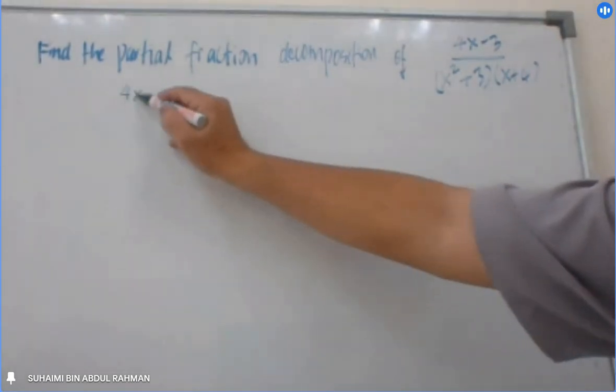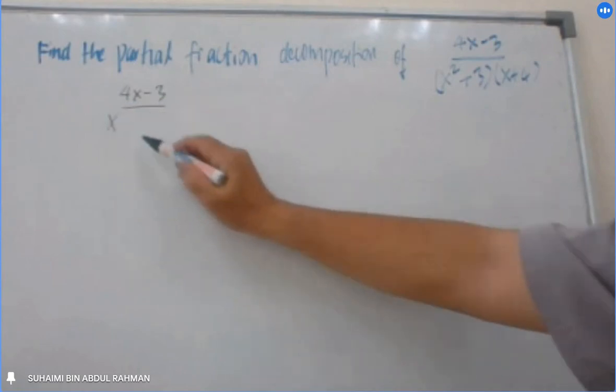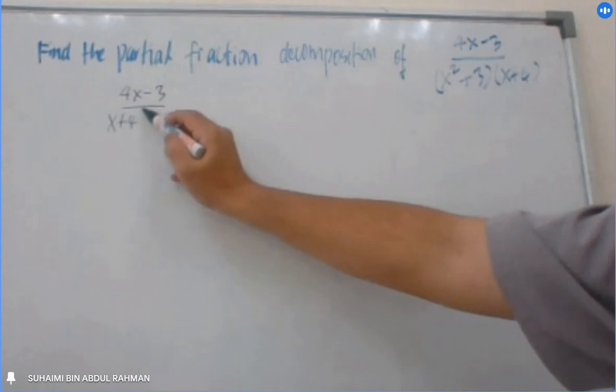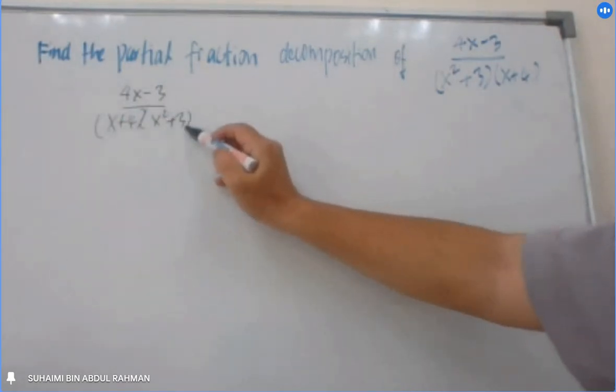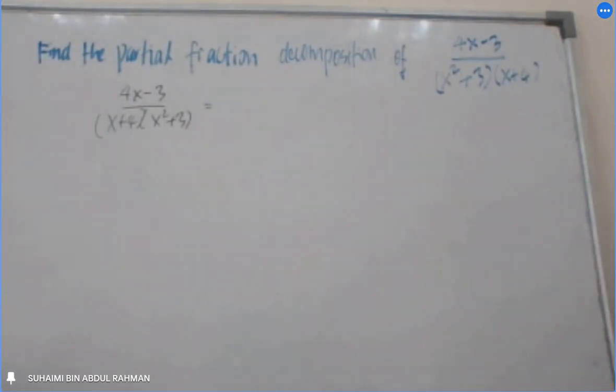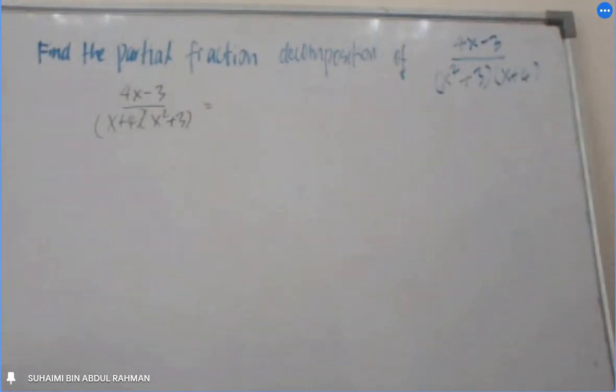So for (x - 3) over (x + 4)(x² + 3). Step number two, factor the denominator. Our denominator is already in factored form.